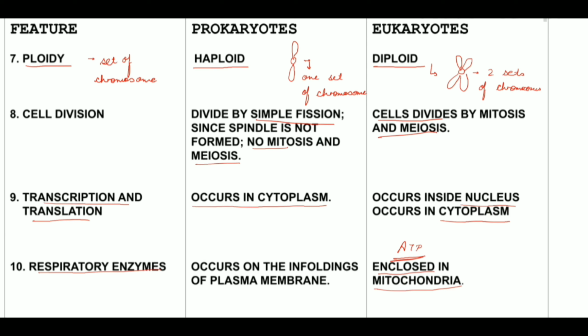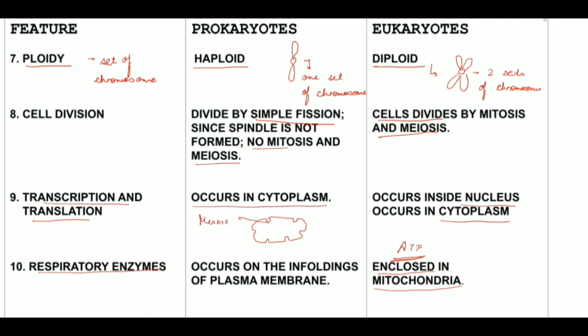Respiratory enzymes. Now, what happens is that this is your plasma membrane, and you would see infoldings in it. When these infoldings or invaginations are seen in the plasma membrane, we refer to them as mesosomes.